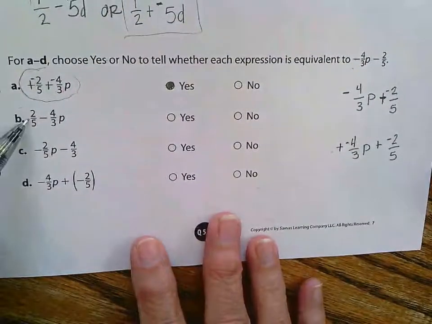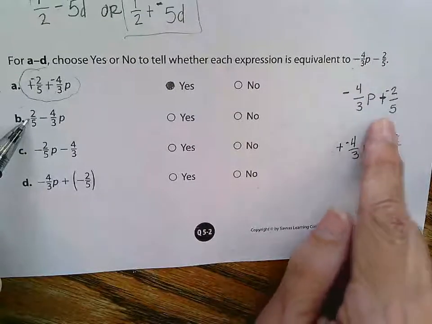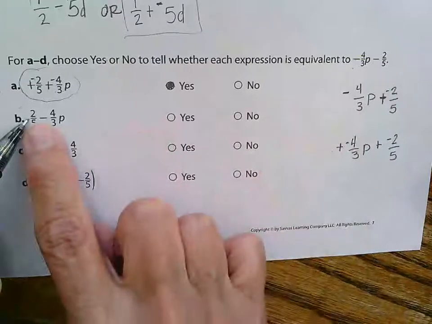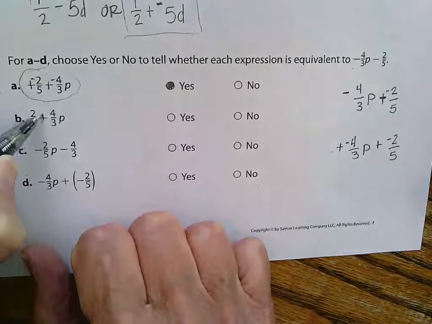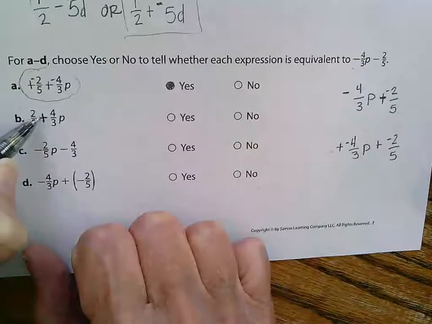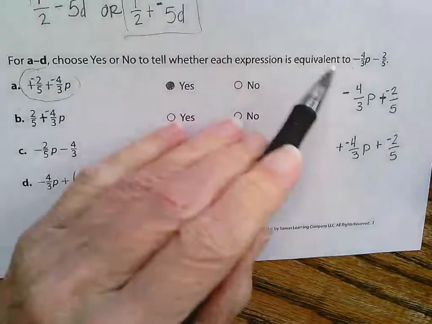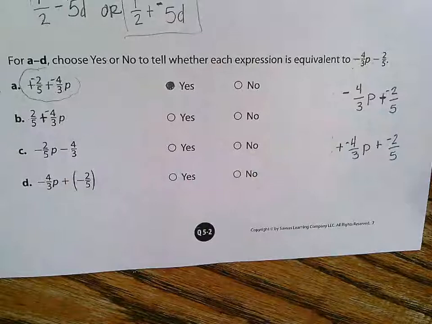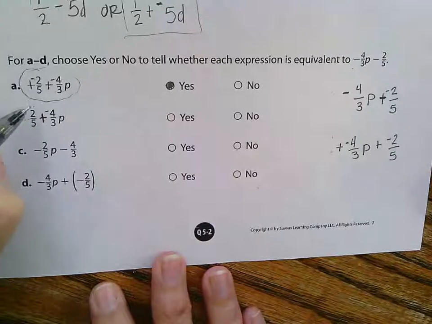Here I have a positive 2/5 minus 4/3 p. So again, we want to change this and see if it matches any of these over here. And it does not. And the reason is because of the 2/5.